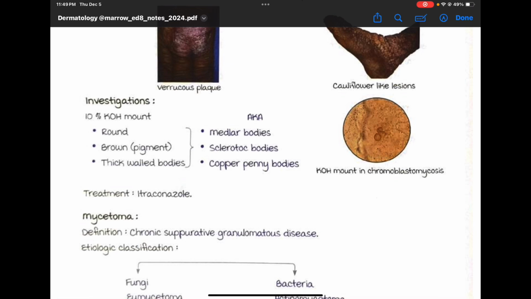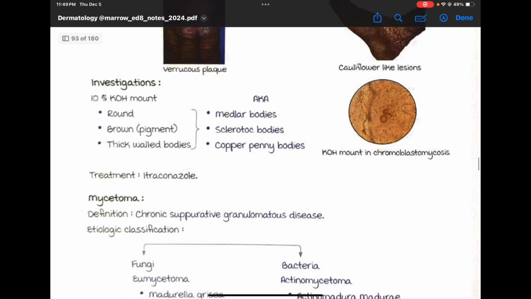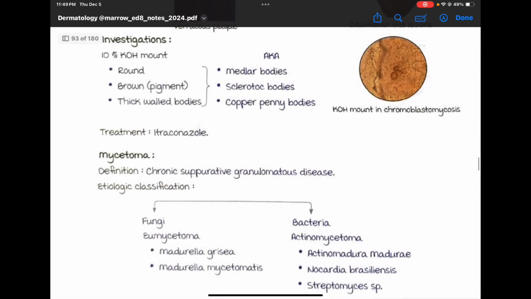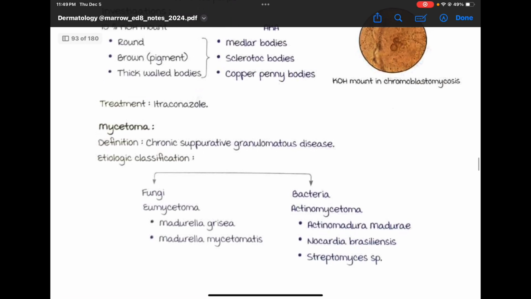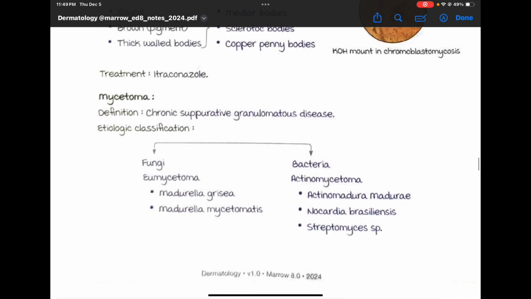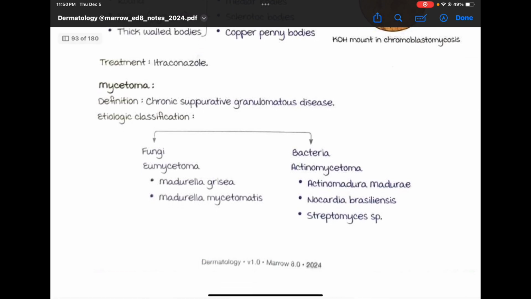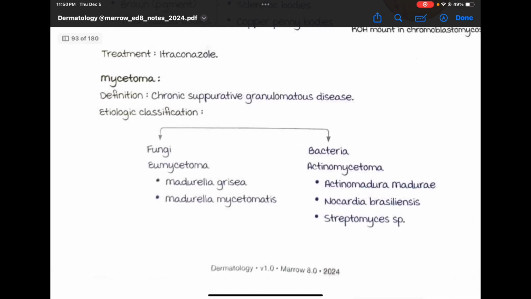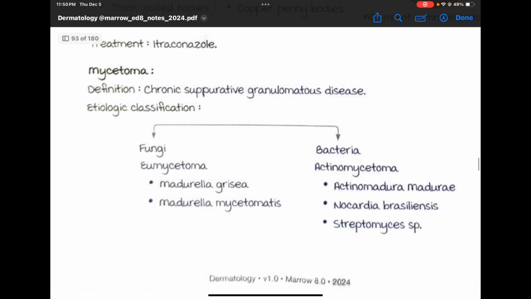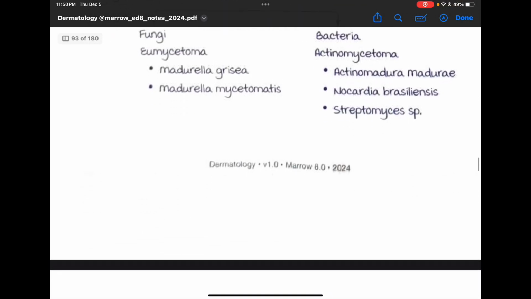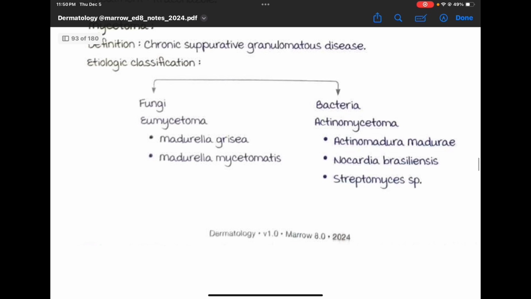Mycetoma, definition: chronic suppurative granulomatous disease. Etiological classification: fungi, eumycetoma; bacteria, actinomycetoma. Eumycetoma: Madurella grisea, Madurella mycetomatis. Actinomycetoma: Actinomadura, Nocardia brasiliensis, Streptomyces species.